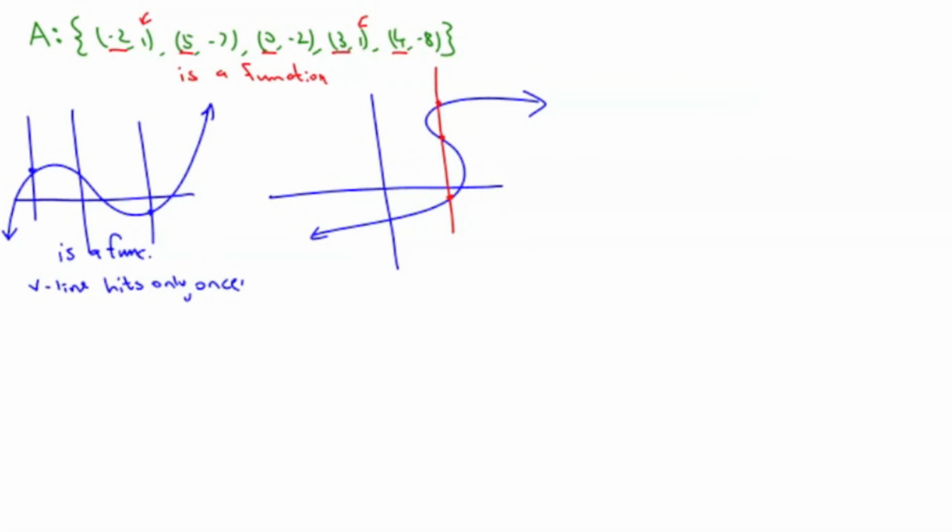So this one is not a function. V line hits more than once. And that's it. That's all there is to determining if a graph is a function or not.